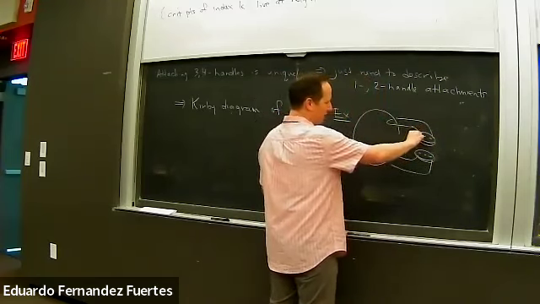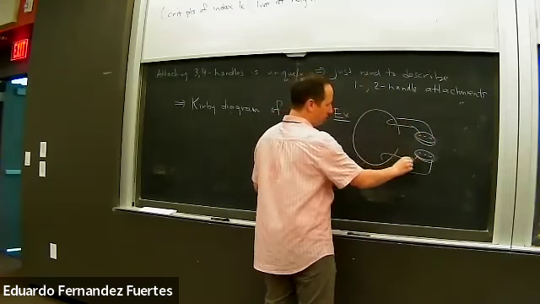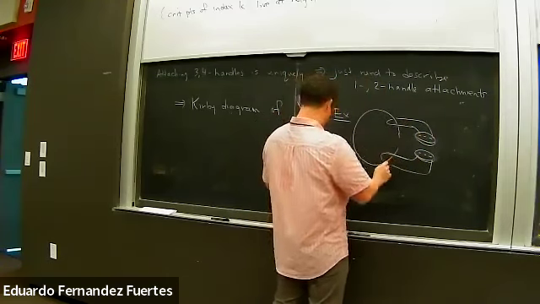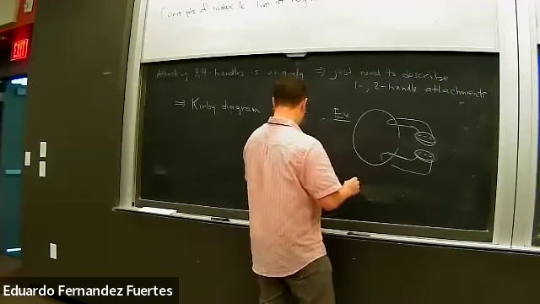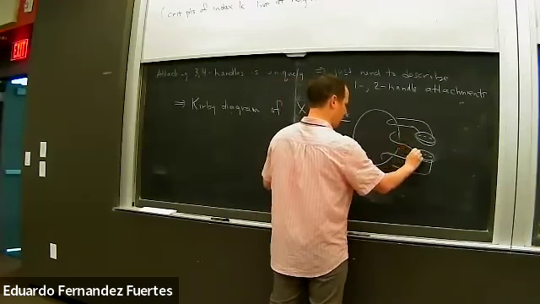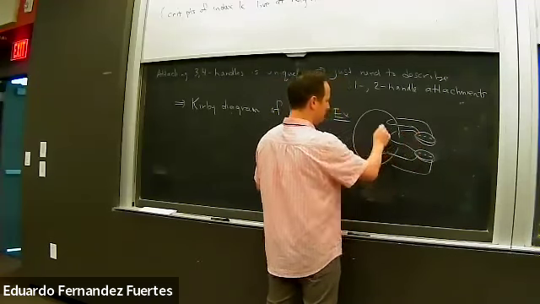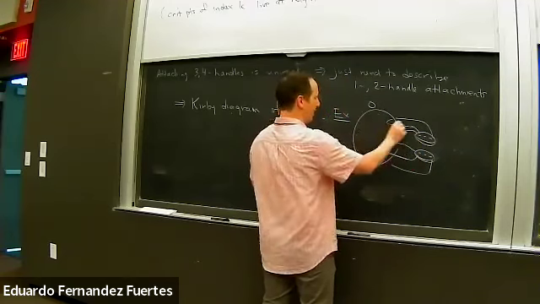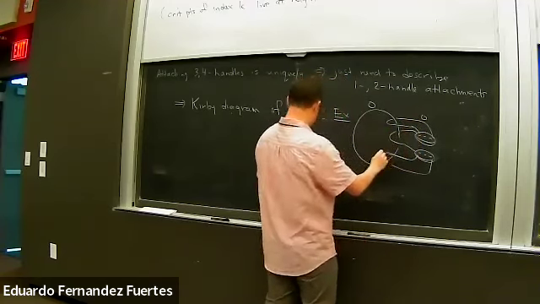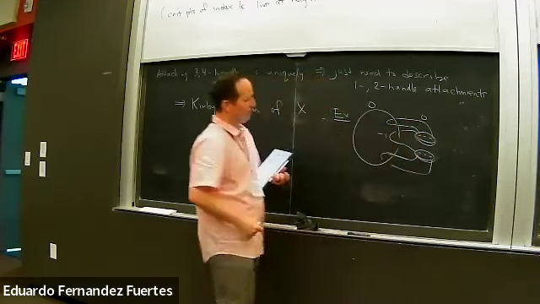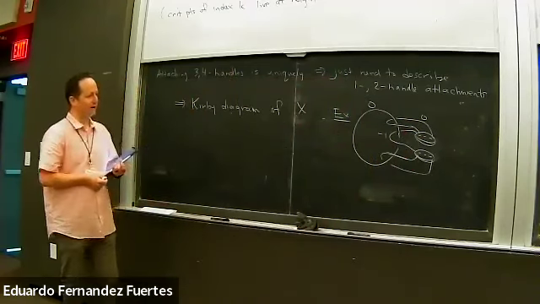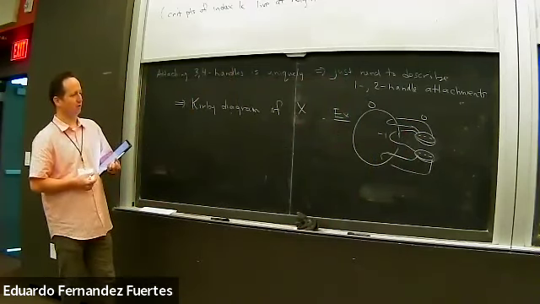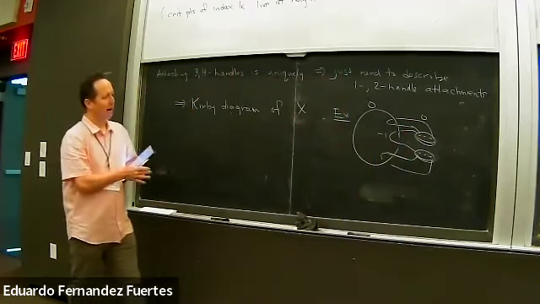I've got a 2 handle that goes up and over the 1 handle. And then I need to add framings to all my 2 handles. So this is 0, and this is -1. And if you add in 2 3 handles and a 4 handle, this picture should give you just S4 back.